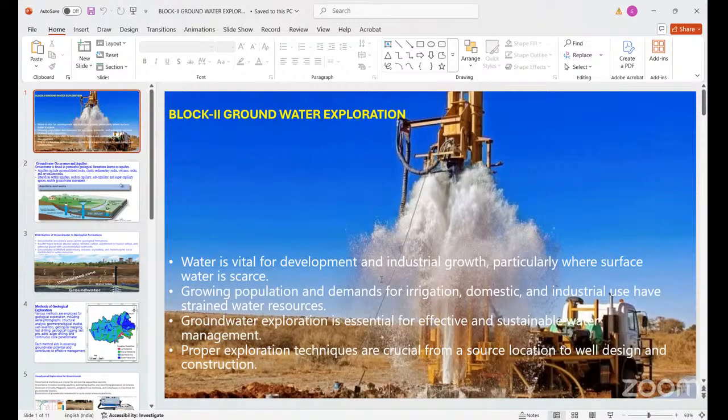We also covered the different types of groundwater exploration, why we call it groundwater exploration, where we have to explore groundwater, how to identify and prepare groundwater potential zones, and the different data collection methods involved, like remote sensing, GIS, and geophysical and seismic methods. This we have discussed in today's class.